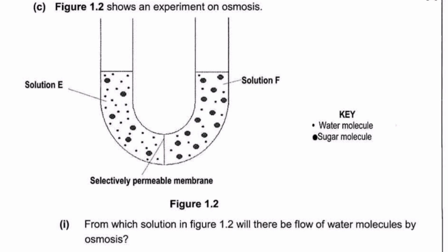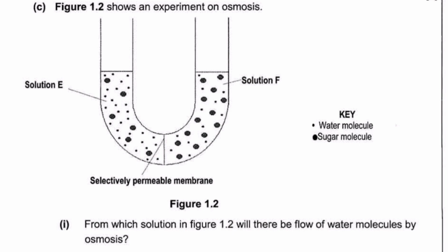Number one, you need two solutions with different concentration. Number two, the two solutions must be separated by a selectively permeable membrane. Let's look at the key first. The small dot represents a water molecule.